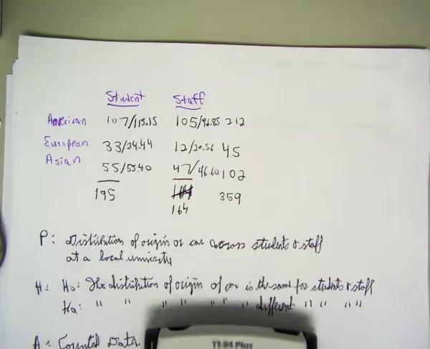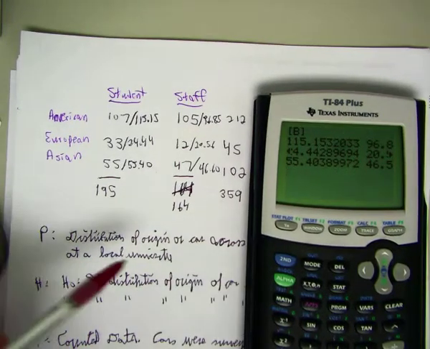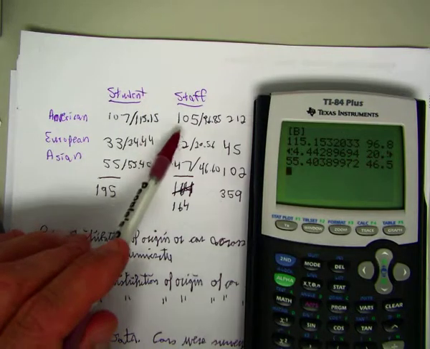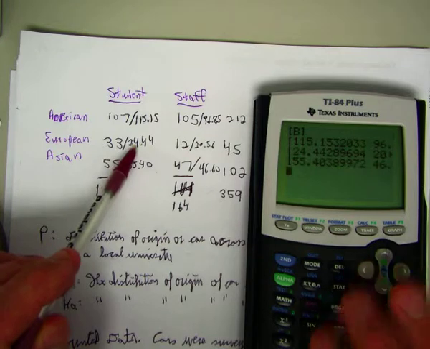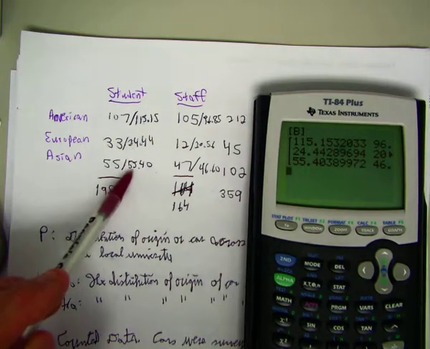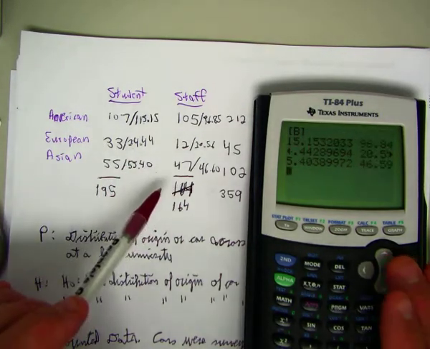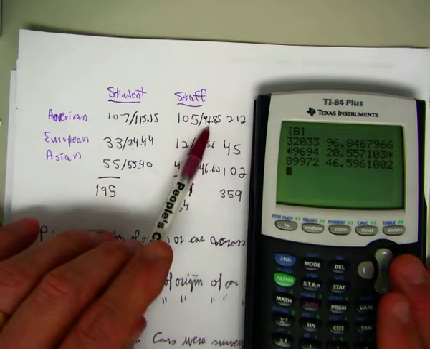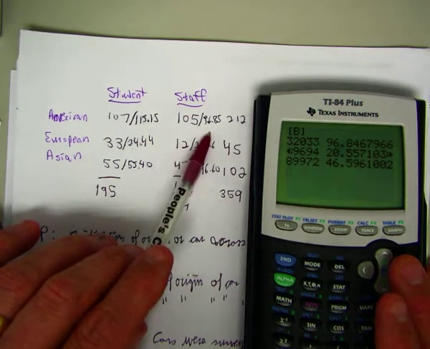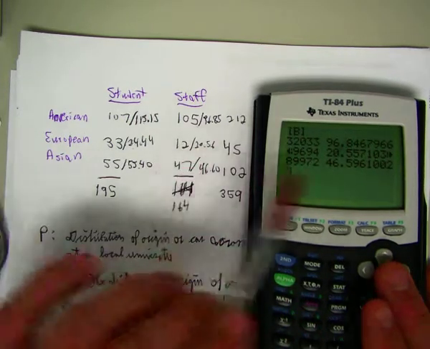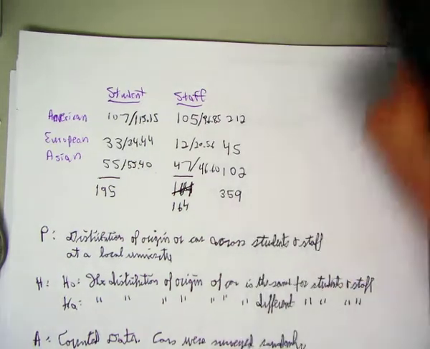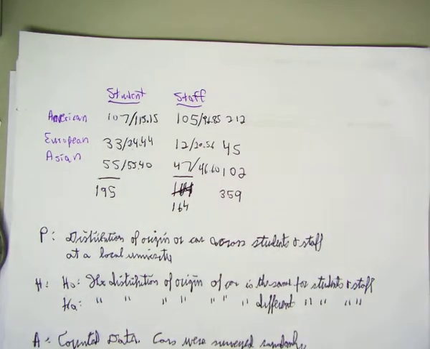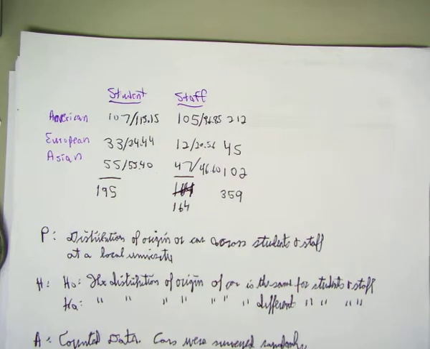So my students expected should be 115.15 for American, 24.44 for European, and 55.40 for Asian. And then for my staff, I should have 96.85 for American, 20.56 for European, and 46.60 for Asian. So we're good to go. Okay. So make my decision. We're going to reject H0 at the 0.05 level.